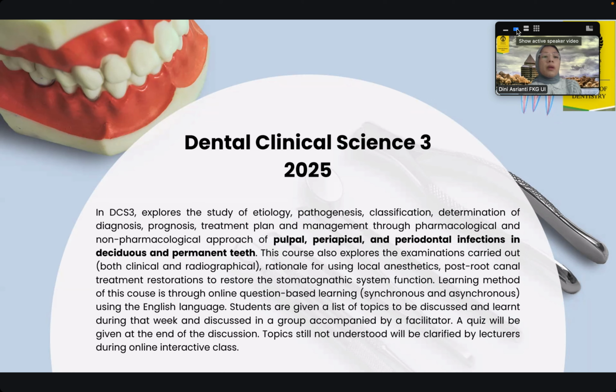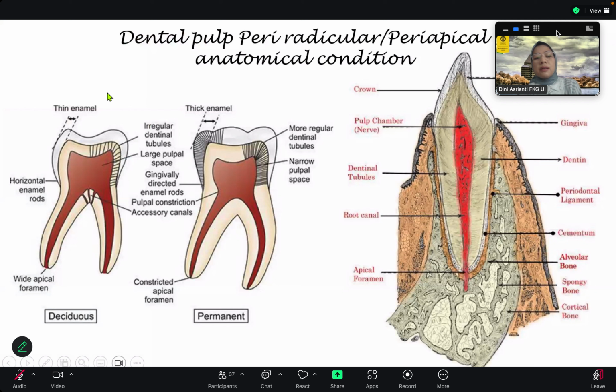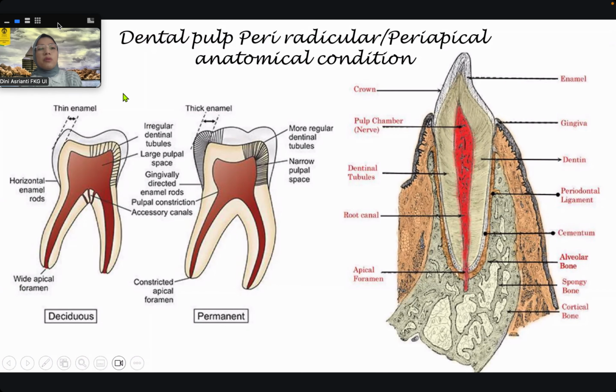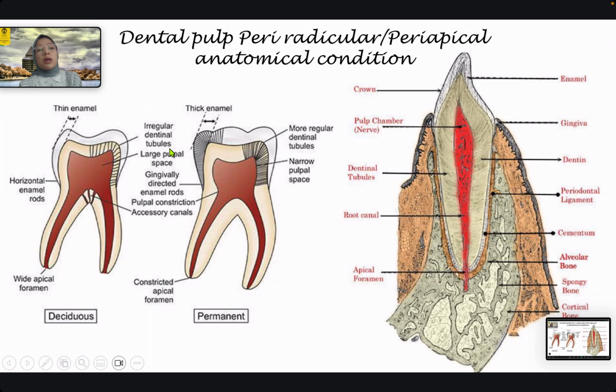Yeah. So this is the basic concept that you have to learn in this DCS3. You have to learn about the anatomical condition of teeth, from the diseased one and also the permanent one, from the hard tissue, the one that you already learned about, the enamel, dentin, right? And now you will learn further about the pulpal and also the surrounding.